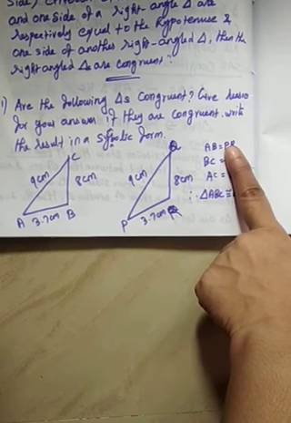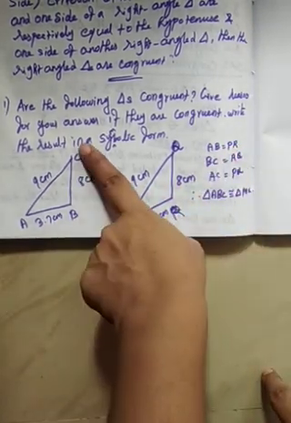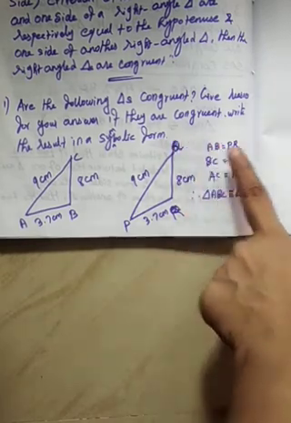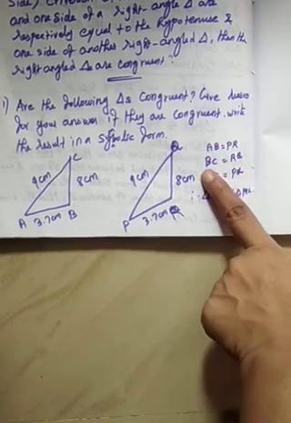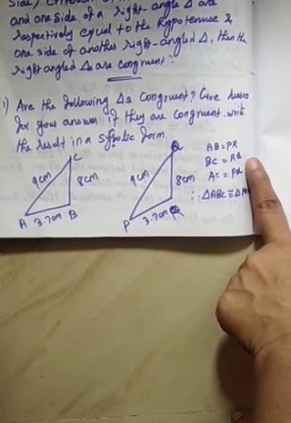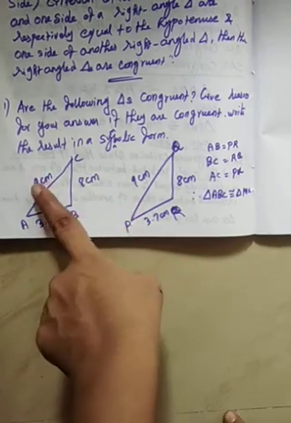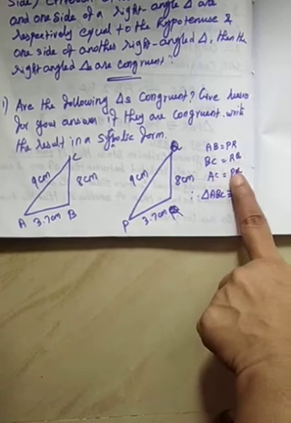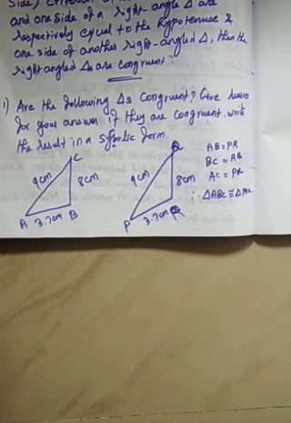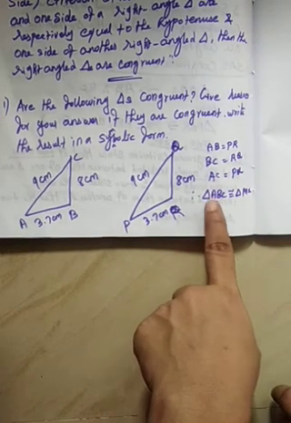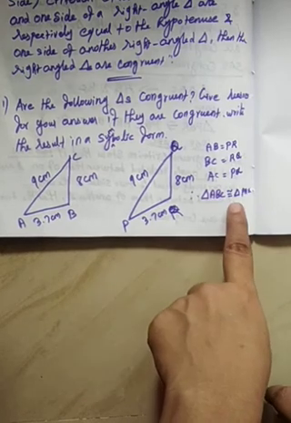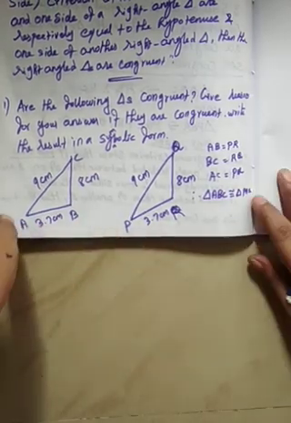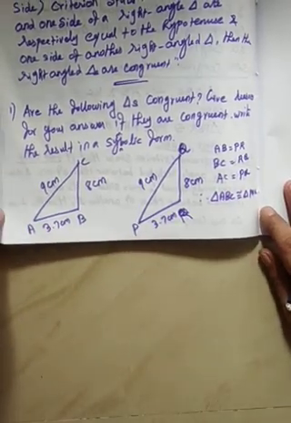After that BC equal to 8 centimeter, here RQ equal to 8 centimeter. So these two sides are also equal. And then AC equal to 9 centimeter, and PQ also 9 centimeter. These two sides are also equal. So simply we can say that triangle ABC is congruent to triangle PRQ. Clear?